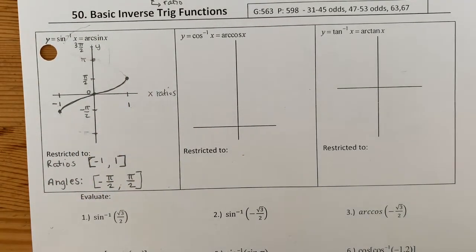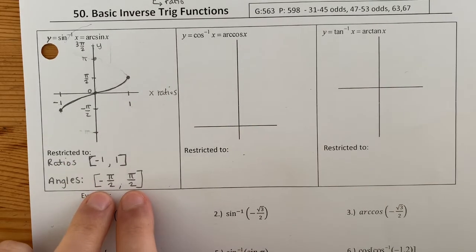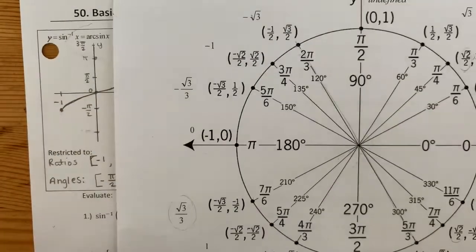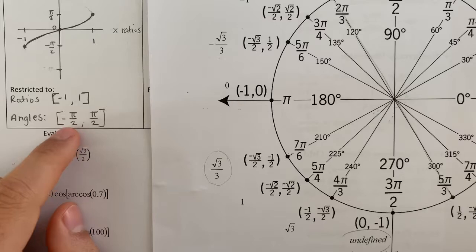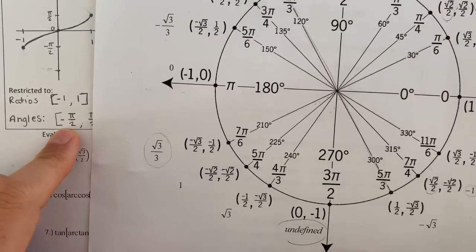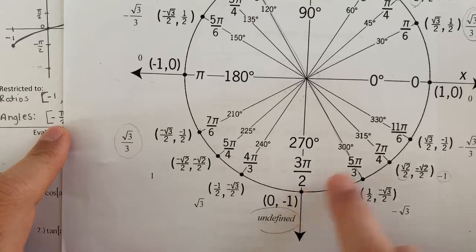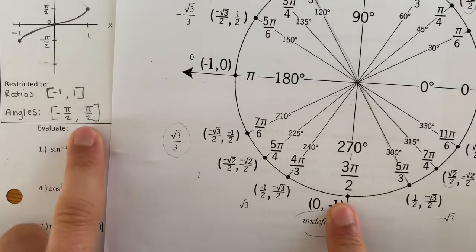Now, in addition to that, I'm going to say what this range represents if we were to look at a unit circle. Starting at negative pi over 2 is the lowest point. Negative pi over 2 would mean you move negative in this direction to half of a pi. So this is where we start. Let's pretend this is the beginning. And we have to go all the way up to pi over 2.